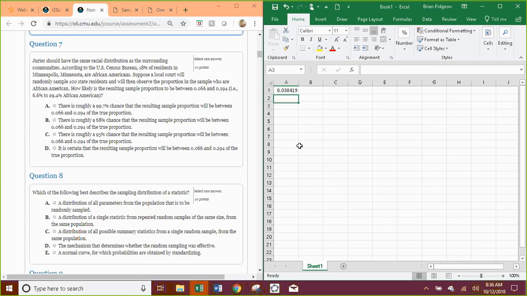So if we go 1 standard deviation to the left of the mean, so the mean is 0.18, 0.18 minus our standard deviation, we get 0.14. Plus that, we're at 0.218.